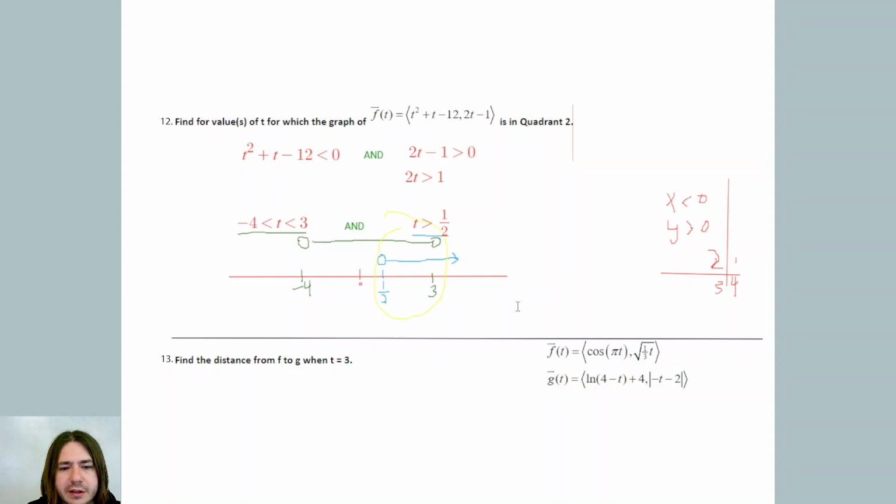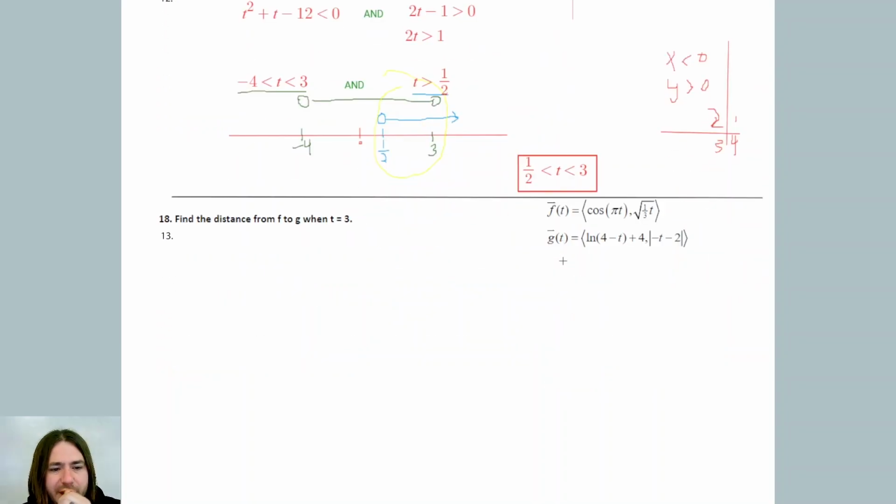And so our final answer is that t needs to be in between 1/2 and 3. So any number between 1/2 and 3 will work for this inequality and this inequality.